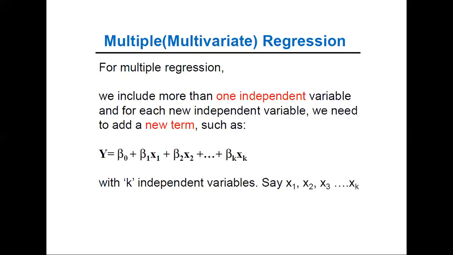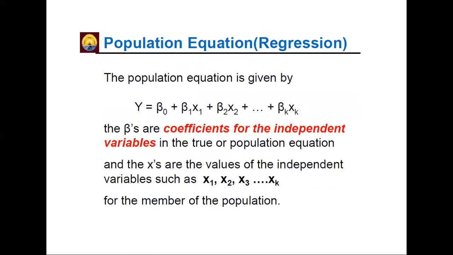If you have some population data, some class data, then you can easily define the regression line equations. Nothing to worry about, you should just remember this equation. The population equation is the multiple regression equation for one dependent variable and k independent variables.